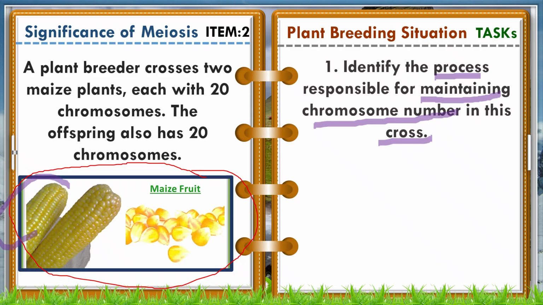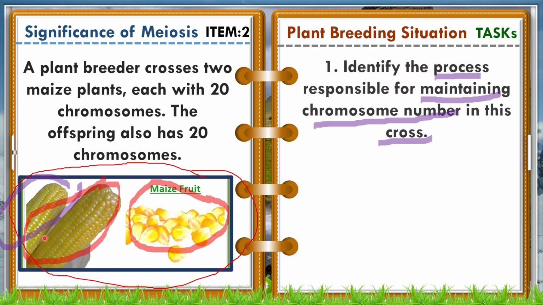If this had 20 and it was crossed with this one of 20 chromosomes, we would expect the offspring to have 40, but they also remain with 20. So which process results in these ones being 20, yet they are coming from this one and this one, which are both 20?